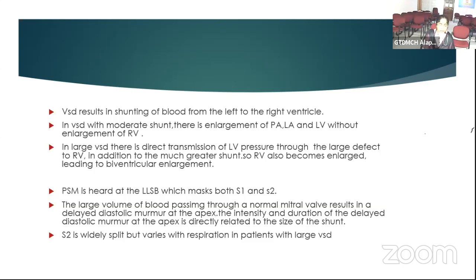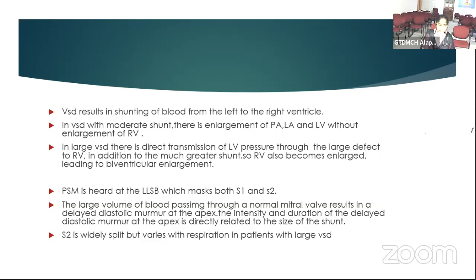So there is no volume overload of the RV. It is as though the blood is shunting directly from the LV to the pulmonary artery, leading to enlargement of the pulmonary artery. The increased blood in the pulmonary artery returns to the left atrium, and from there to the left ventricle. So in a VSD with moderate shunt, there is enlargement of PA, LA and LV without enlargement of RV.